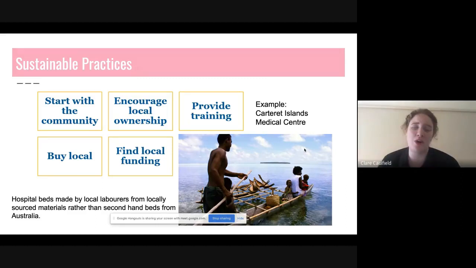Then they would know how they work, and they would know how to fix them or replicate them quickly if needed. That meant we could buy local materials and be putting money back into the local economy. So that hits several of these sustainable practices: upskilling the workers to make and repair the beds, they feel like they own them because they made them, and we've put money into the local economy.